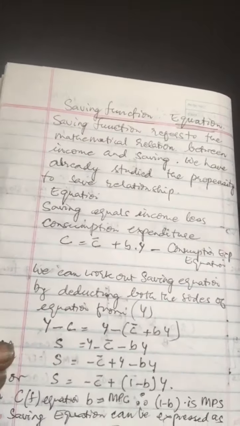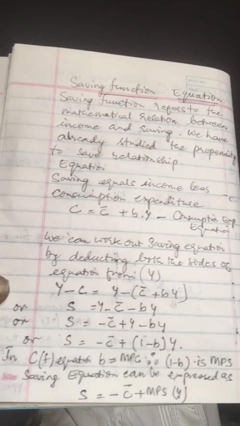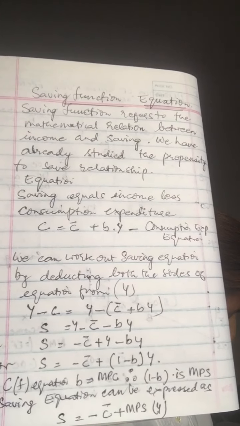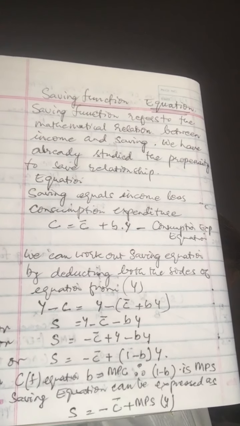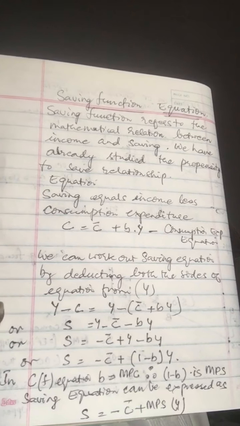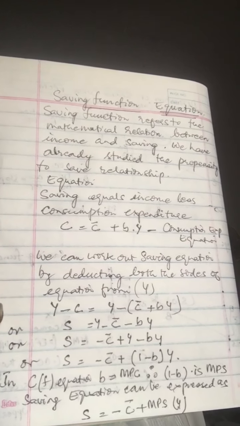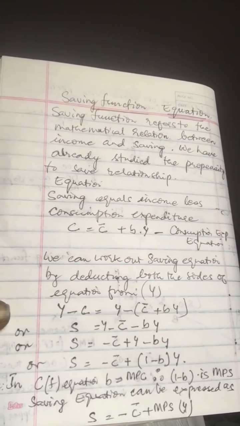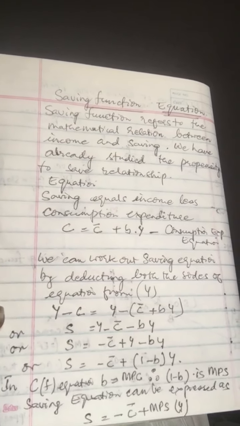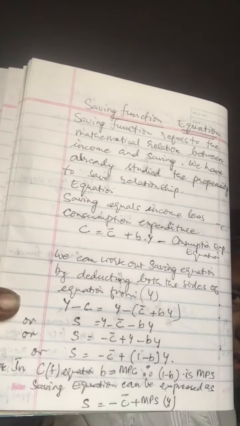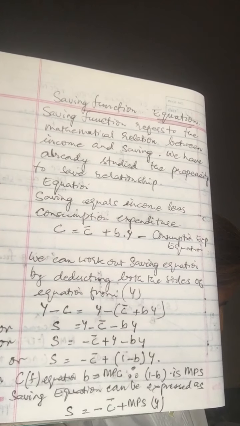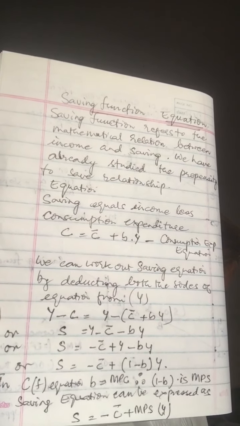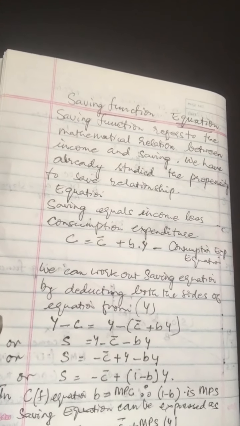Now, talking about the equation, I'm going to talk about the equation mainly. Saving equals income less consumption expenditure. We did C = C dash plus BY as the consumption function, the expenditure equation. Based on that, we can find out the saving equation by deducting both sides of the equation from income.